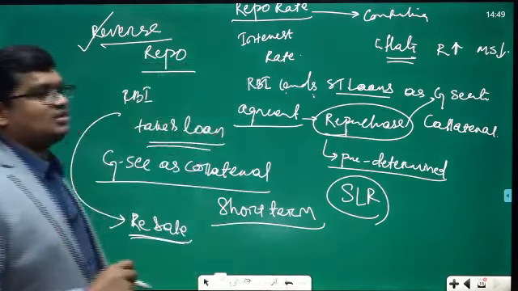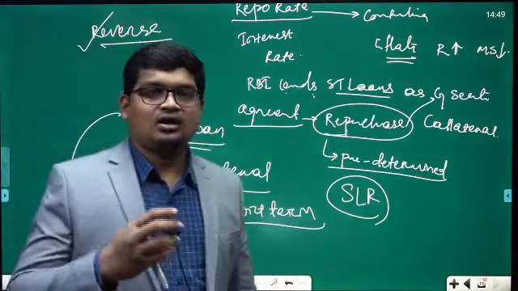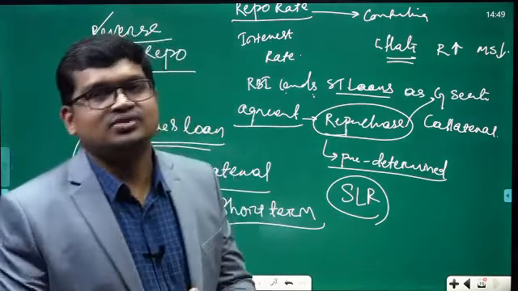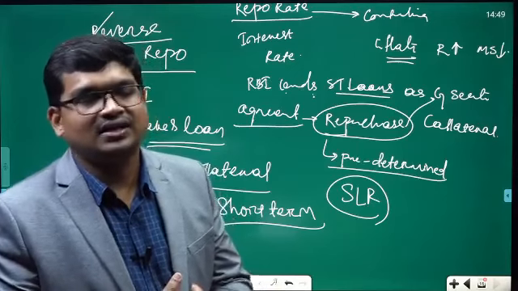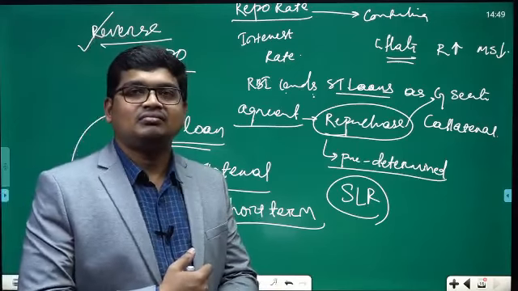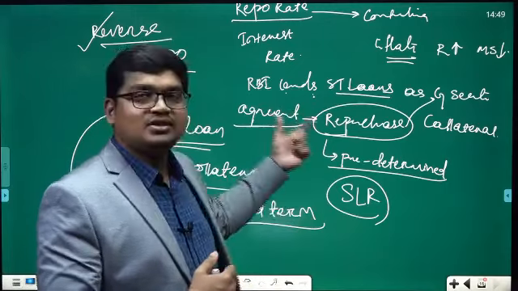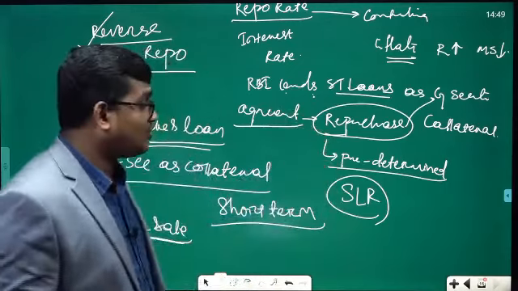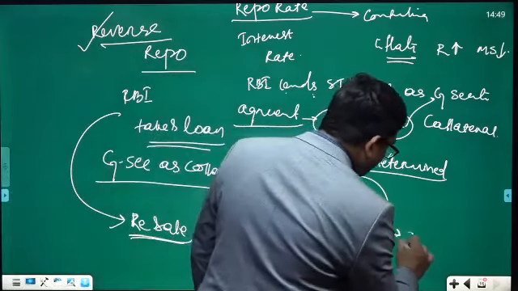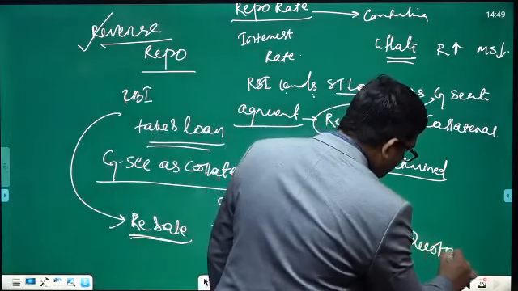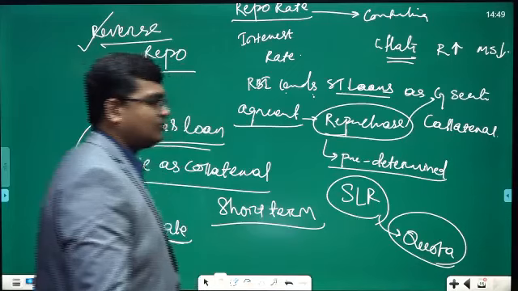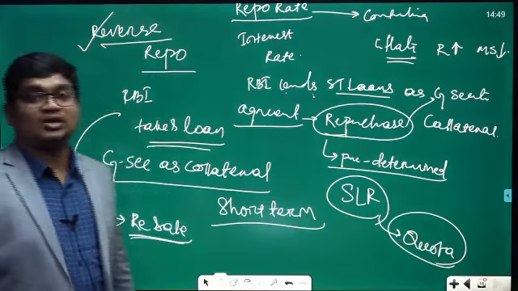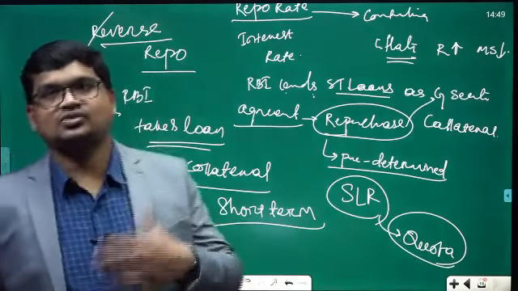Sometimes when a crisis-like situation arises in front of the bank, they can borrow money from the Reserve Bank of India by using government securities from their SLR quota, or statutory liquidity ratio quota.